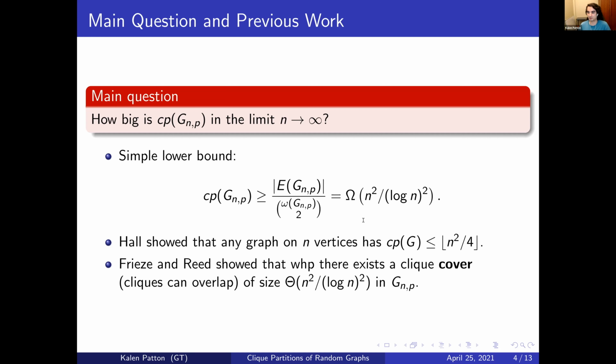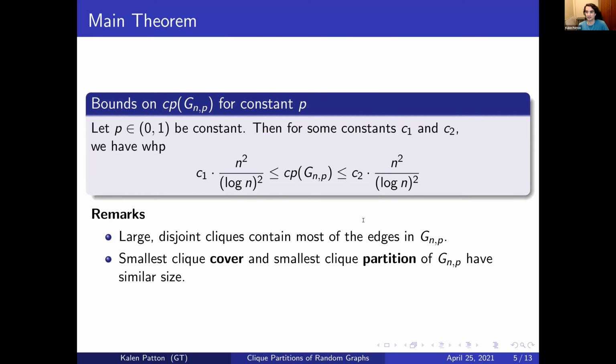Clique cover is similar to a clique partition, except we relax the requirement that the cliques be edge disjoint. So in clique cover, they can overlap. But this result doesn't immediately generalize to the clique partition case because it may be the case that many of these cliques have substantial overlaps. So that brings us to our main result, which is that we can, in fact, naturally extend this theorem by Frieze and Reed to the clique partition case.